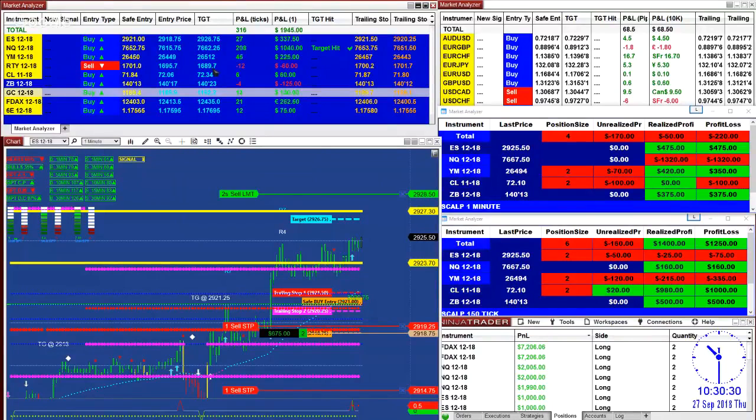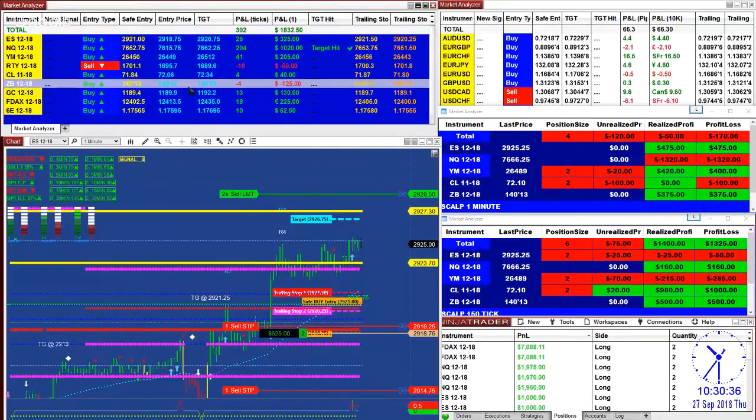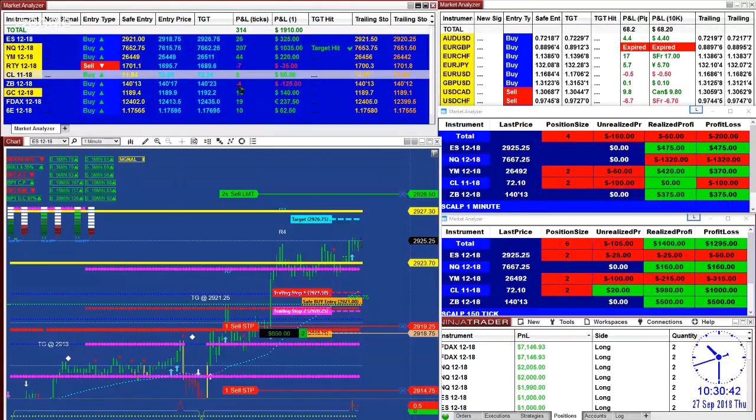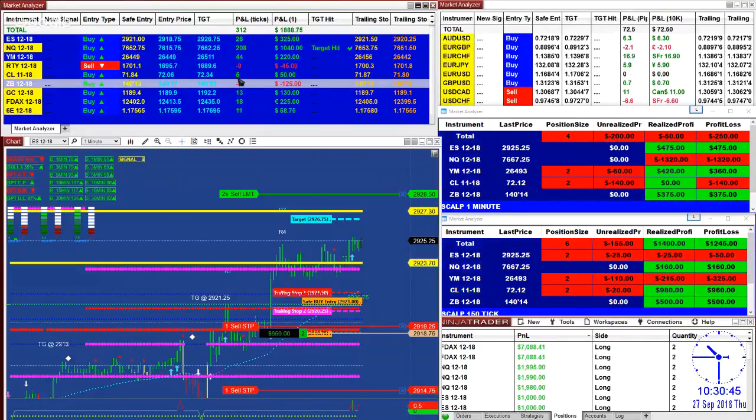So if you want to follow those trades, guys, follow it on a sim. On your CL, you are already up 5 ticks on the new entry, and now seven ticks on the latest entry on the CL.